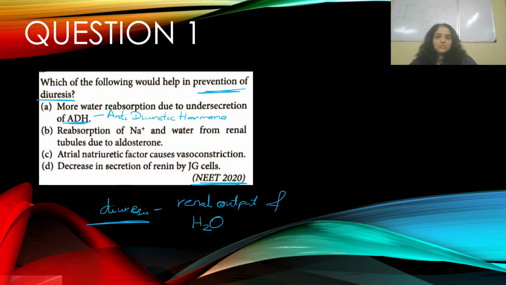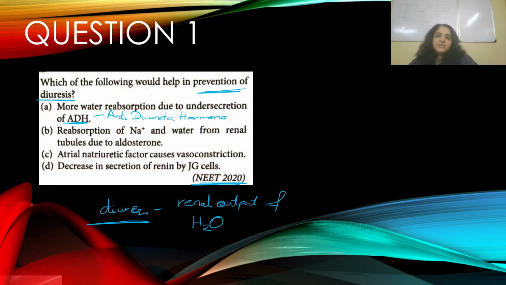When ADH is secreted from the posterior pituitary gland, it attaches to the receptors in the later distal part of the tubule and the collecting tubule.